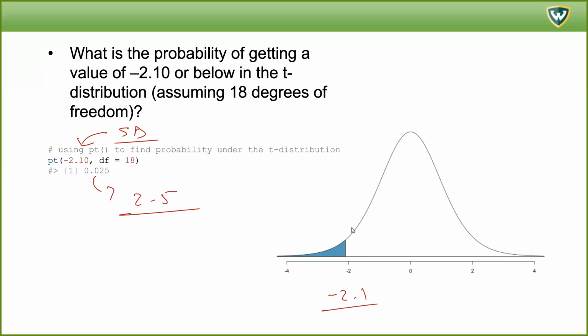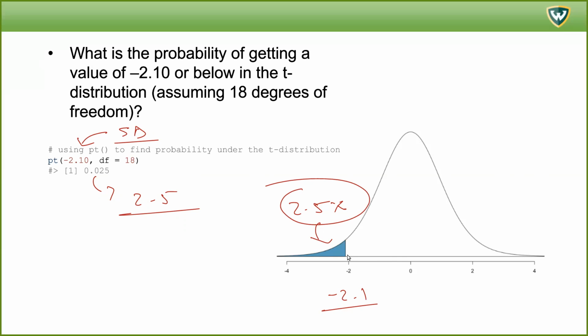So what does this mean? Just as with the example before, this means that 2.5% of all the observational units of the sample is going to be less than minus 2.1 standard deviations. And also on the other side, there's a 2.5% chance that the values are above 2.1.